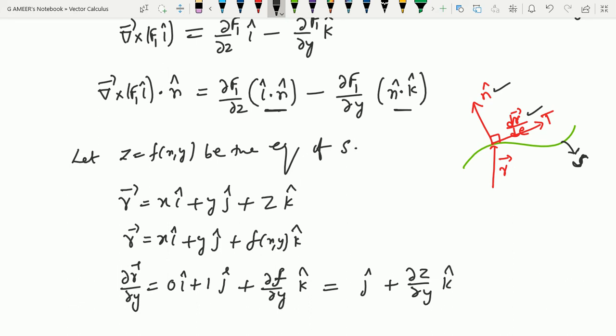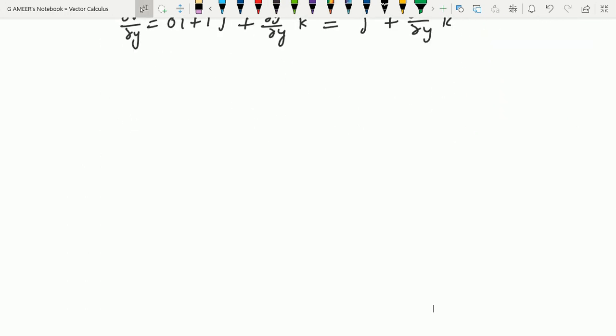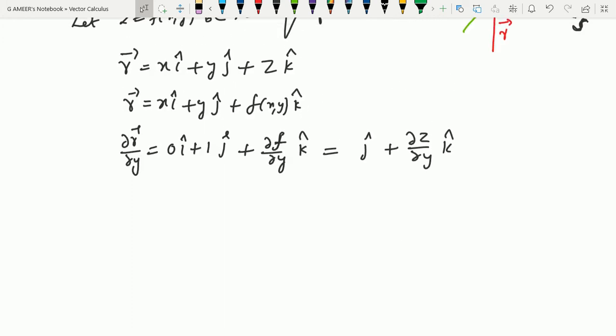Now I'll take the dot product of this entire quantity with n cap. Since n cap is perpendicular to the surface, n cap dot dr by dy, that is dou r by dou y, will be equal to 0.